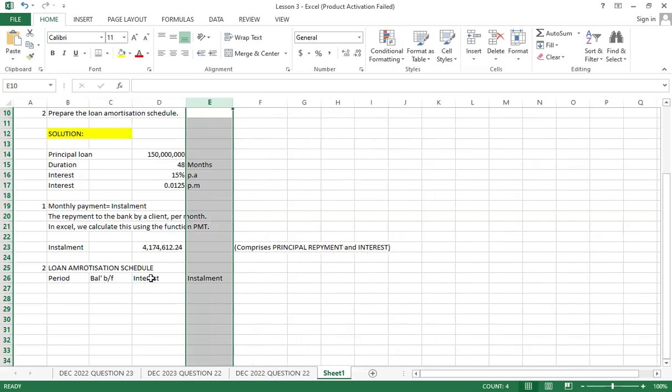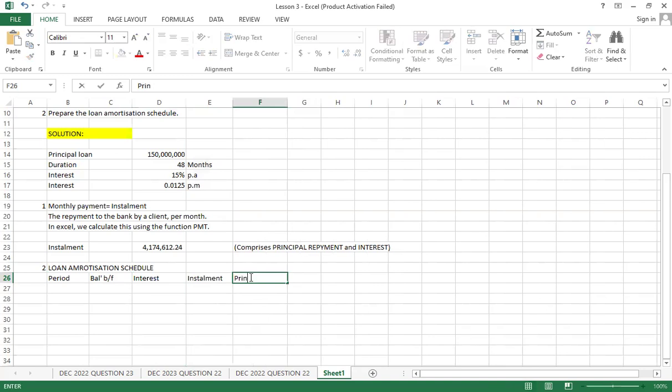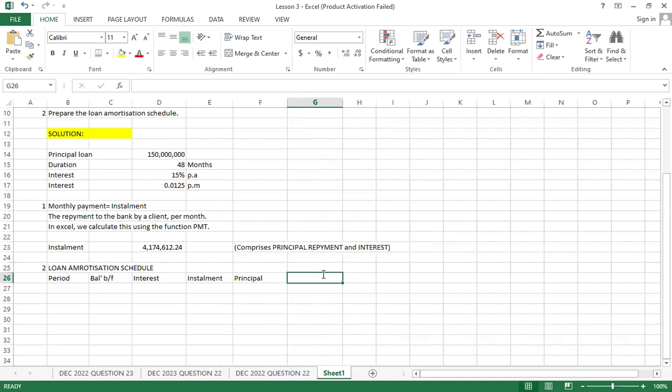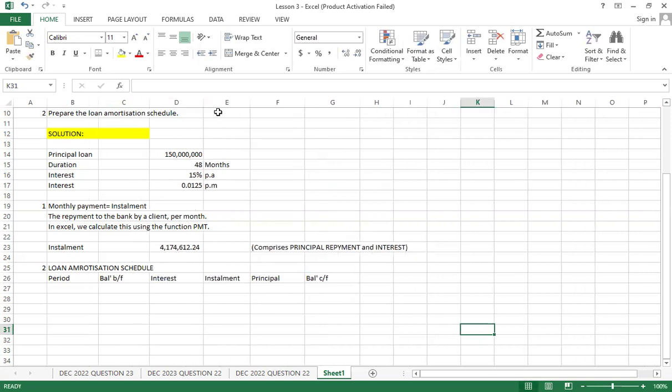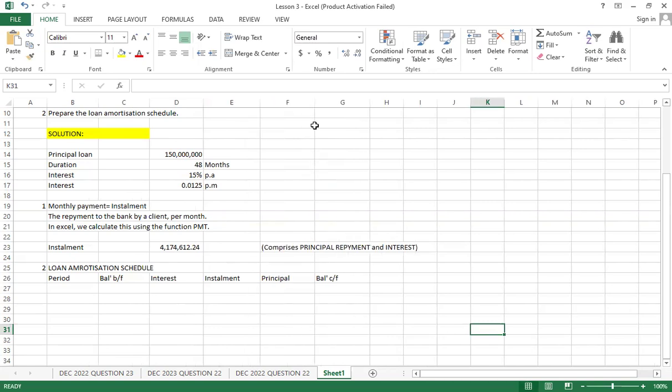Now the installment comprises this interest and the other part, the principal repayment, and then lastly, we have the balance carried forward, the closing balance. So those are the columns in this schedule, or table.